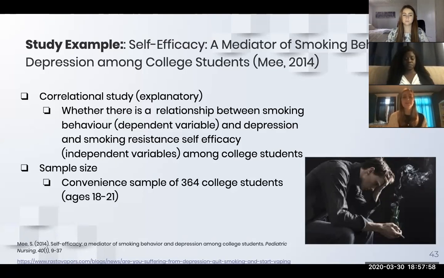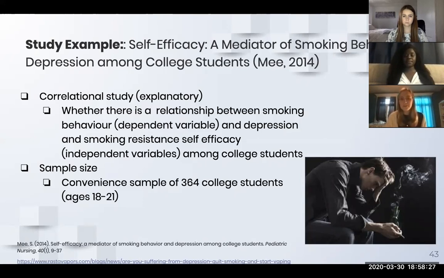Basically, they wanted to test whether there is a relationship between smoking behavior, the dependent variable, and depression and smoking resistance self-efficacy, which are the independent variables, among college students. Just to clear it up, the SSE, the smoking resistance self-efficacy, is basically the belief that one can resist smoking behavior, and it's been theorized to be positively related to the avoidance of smoking behavior.